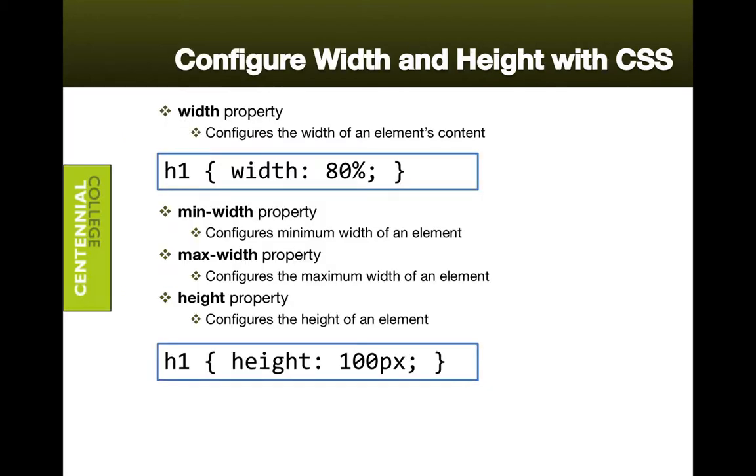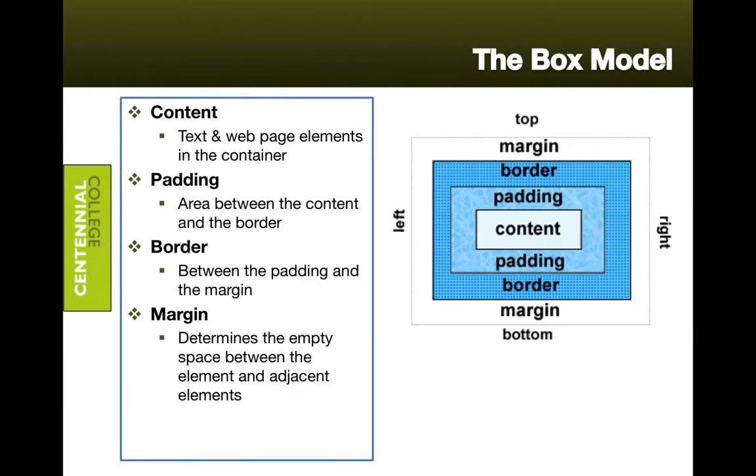So what is this width property that we speak of, and what is this box model anyway? First of all, I'm going to skip ahead a couple of things. This is our box model. When we say box model, think about a box for your container, for each of your objects, or each of the things that appear on your website.